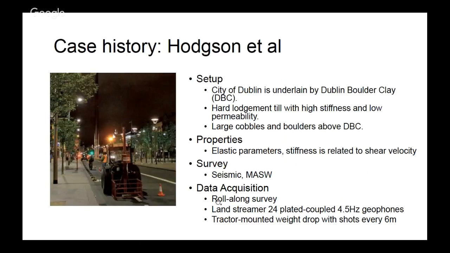So here, they were doing this roll-along survey, so that just means that they had their source and they had a spread of geophones. They would fire their source and move the whole system up a set distance and do it again and repeat. So then they could use each of those sections to build up their profile in the end.